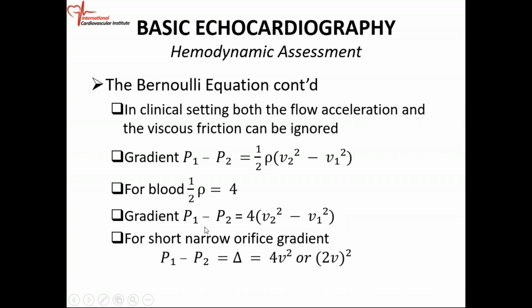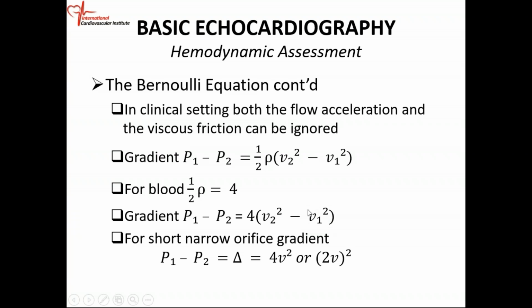Because we're looking at blood vessels, for a very short segment, not a long tube, you can essentially ignore V1, the velocity at the initial point.